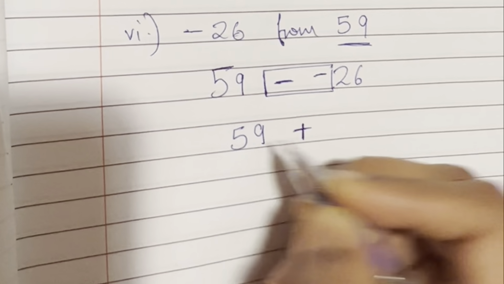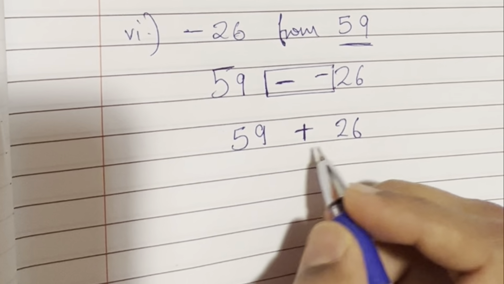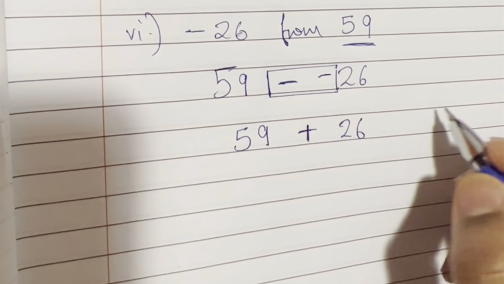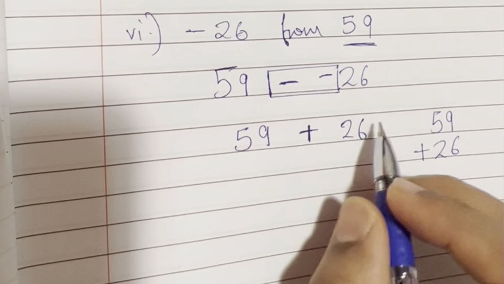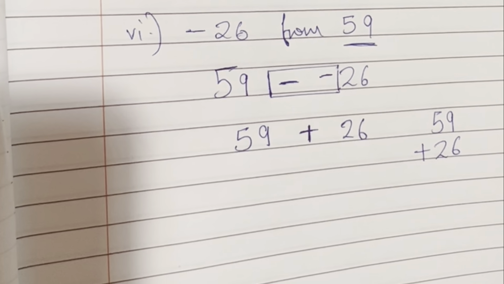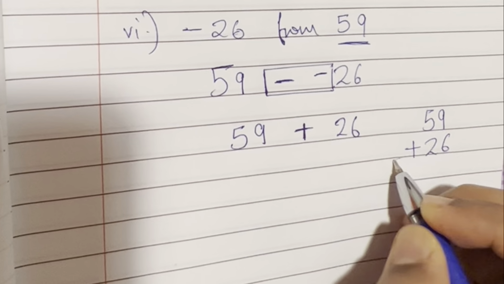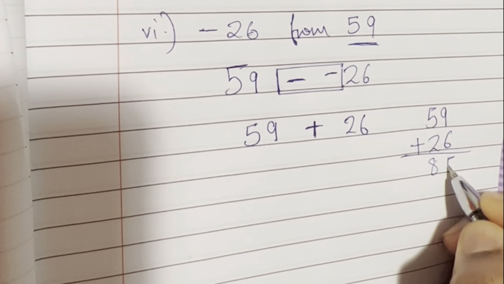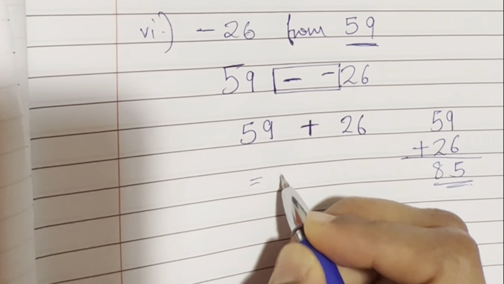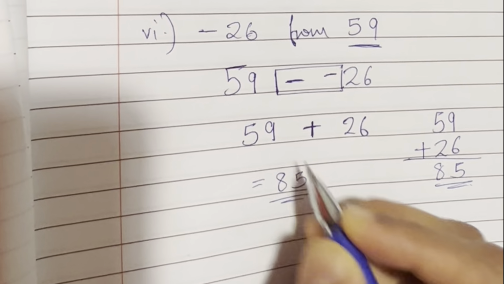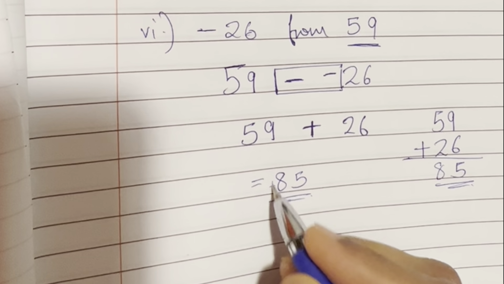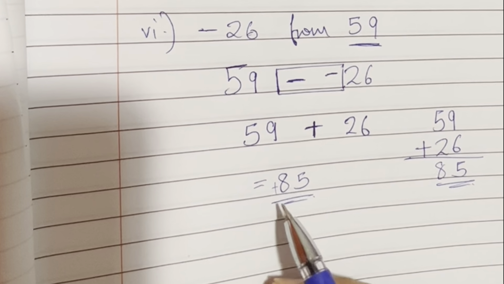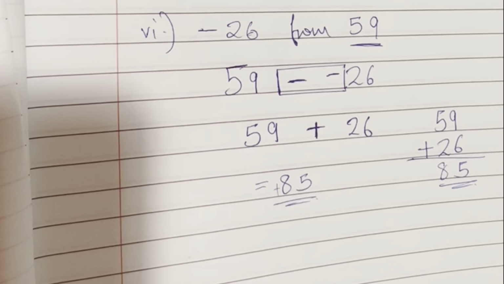The rest as such, 59 and 26. Now 59 plus 26 is normal addition. Simply add 59 plus 26 because all are positive integers and the operation is also positive. 85. So our answer is 85. Both are positive, so positive itself. Even if you don't mention positive, 85 simply means plus 85.